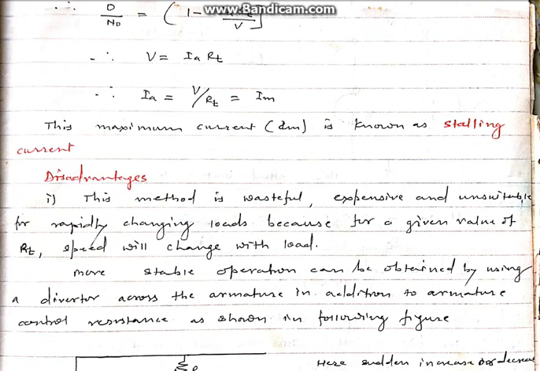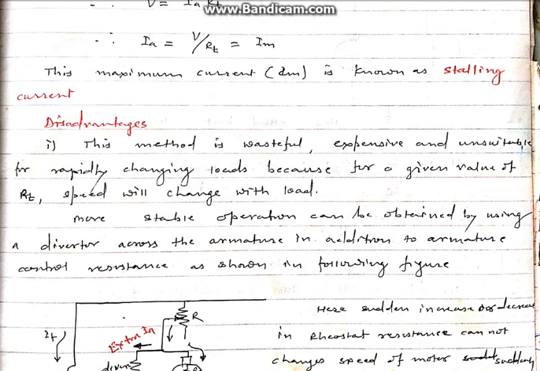Now what are the disadvantages of this stalling current? It is the maximum current at which the speed becomes 0. What are the disadvantages of this method?